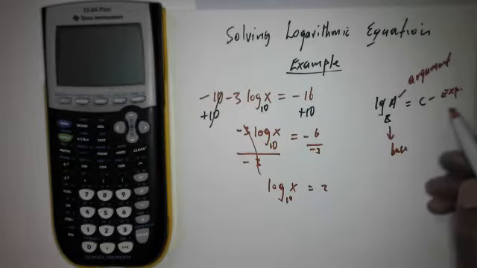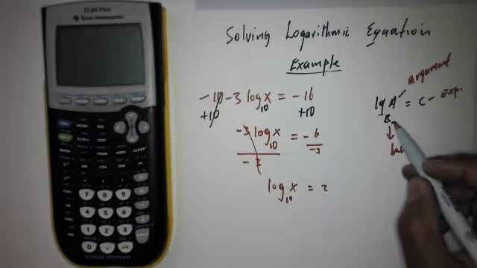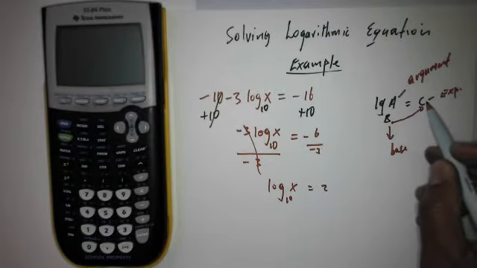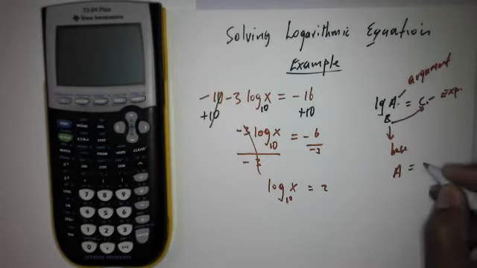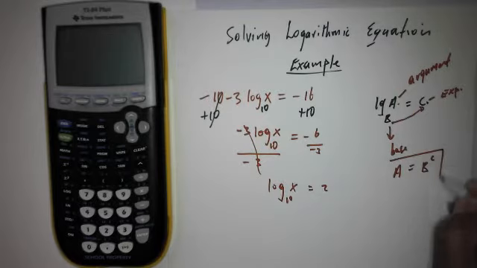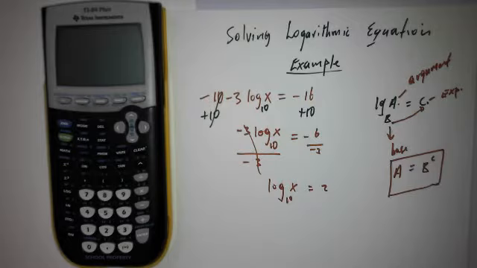The law says this base will be raised to this exponent, and it will equal your argument. So it is just a equals b to the c. This is your exponent law of logarithm. That's the law we're going to apply here.